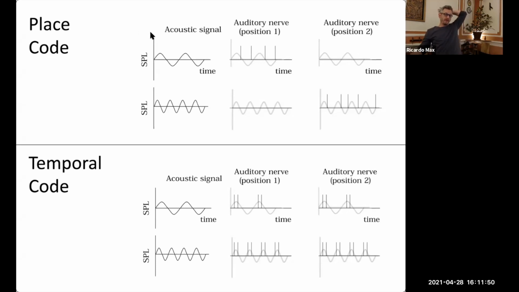The apex reacts more to lower frequencies, and the base reacts more to higher frequencies. So the hair cells in the apex will fire, but in the base they will not fire for this lower frequency, while for a high frequency those in the base will fire and the apex will not.